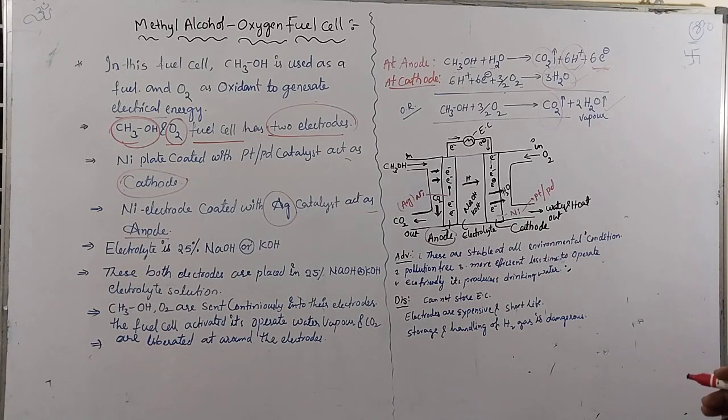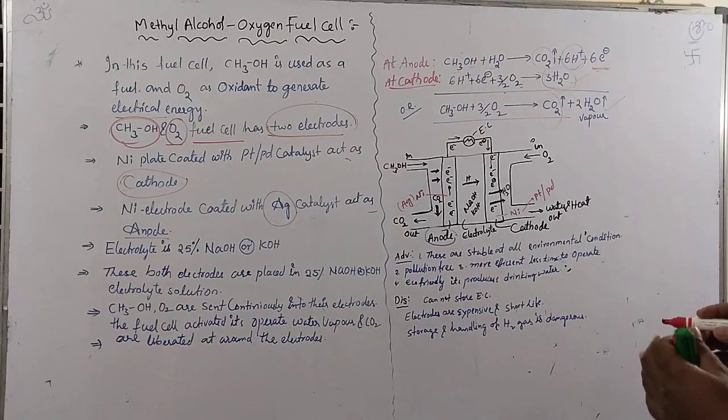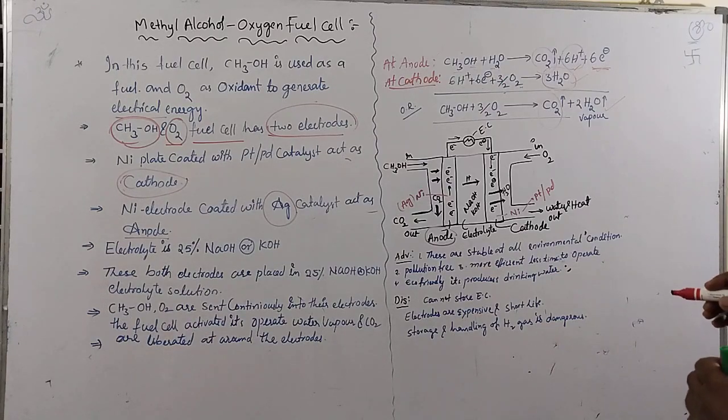When methyl alcohol and O2 pass over the two electrodes, electrons form very fast and produce electrical current.